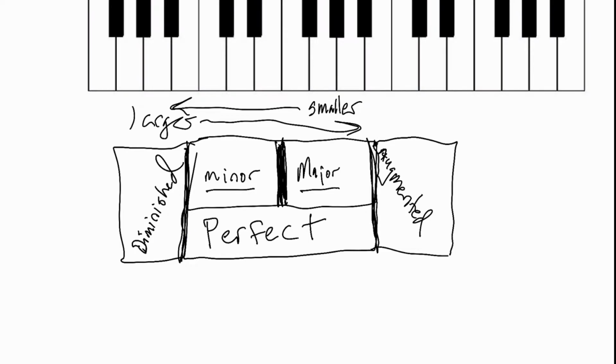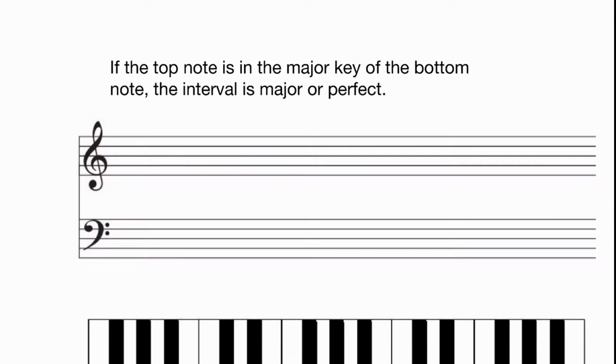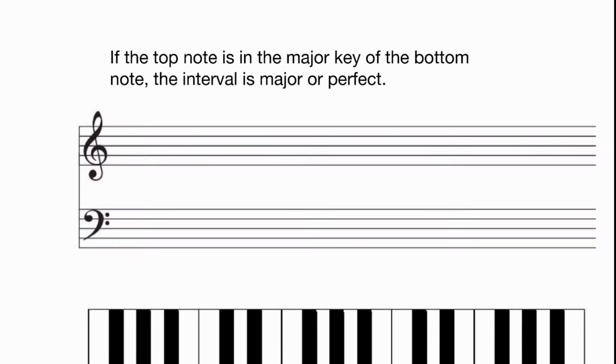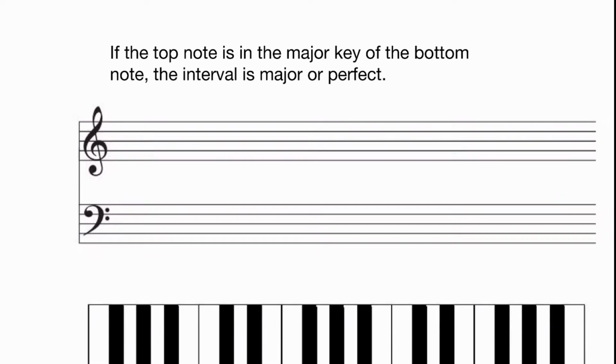And again, we can modify these intervals by changing either the top note or the bottom note. I'm writing a perfect fifth here. That's D and A in the bass clef. How do I know it's perfect? Look, I even typed this out, because the top note is in the major key of the bottom note.